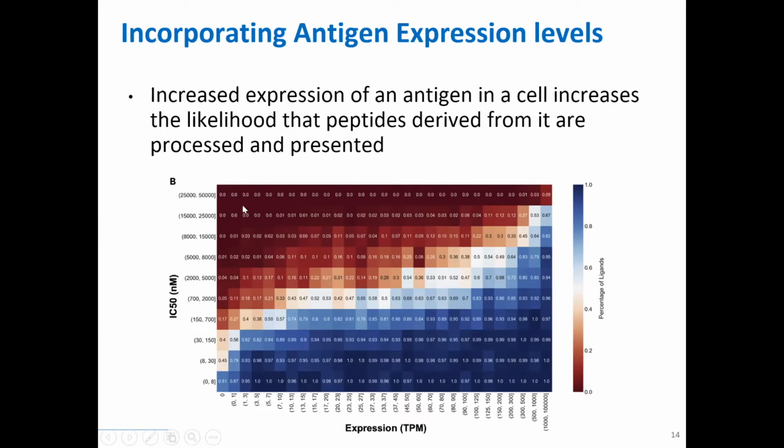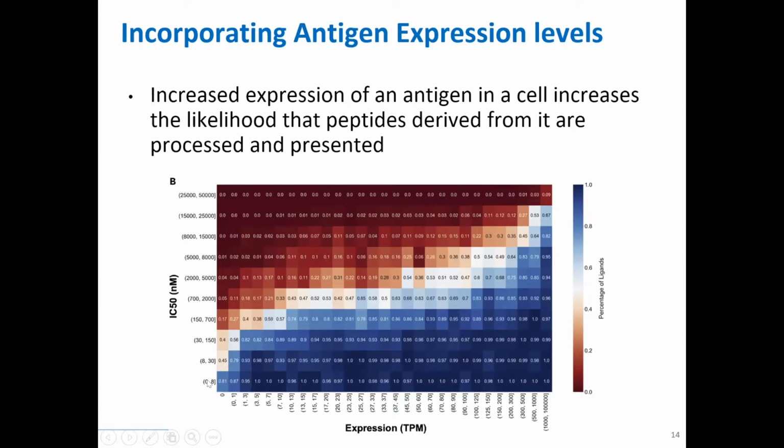So what we have here is, if you do RNA-seq, say, of proteins in a cell, and then you have expression values in terms of TPM, that's transcripts per million, that's the standard output, and look for different IC50 ranges. You have here as numbers the likelihood of a peptide in this range to be a ligand.